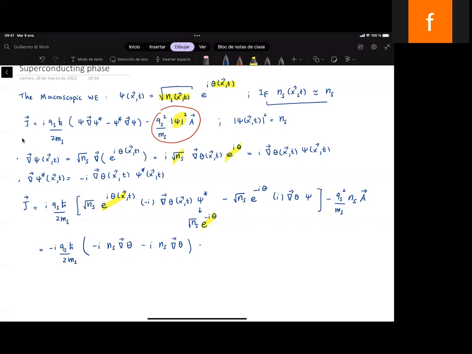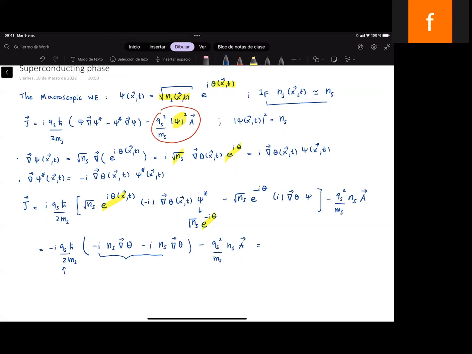So this is minus q_s squared over m_s, n_s, the vector potential. These two terms are equal, so we have twice this term, and the two cancels with the two that appears here.